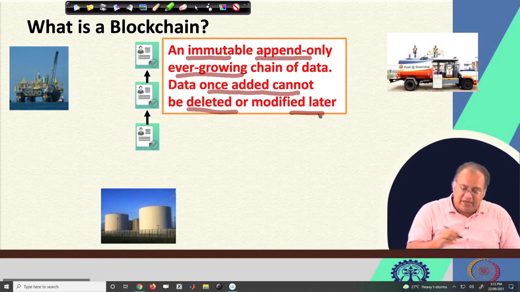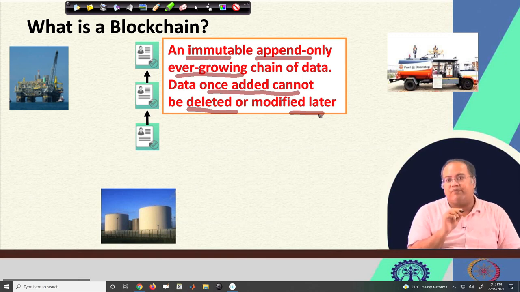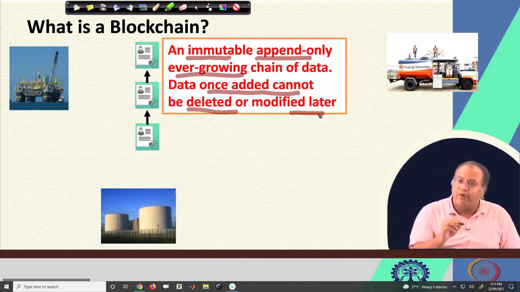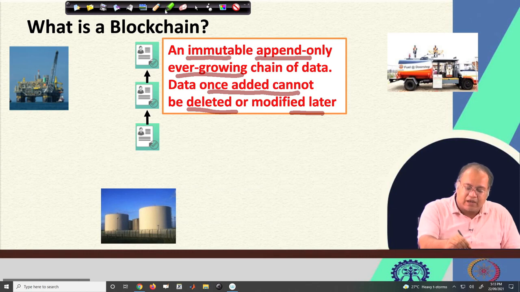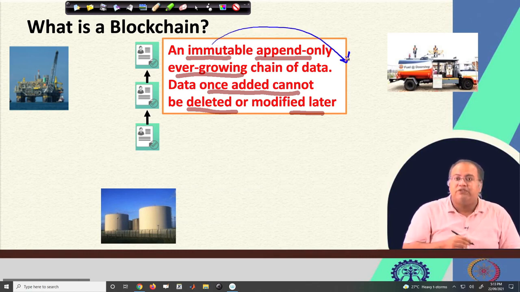Here you see the individual things I have mentioned actually replicate the properties of the blackboard mentioned earlier. I have an immutable data structure, which means no one will be able to make any change.